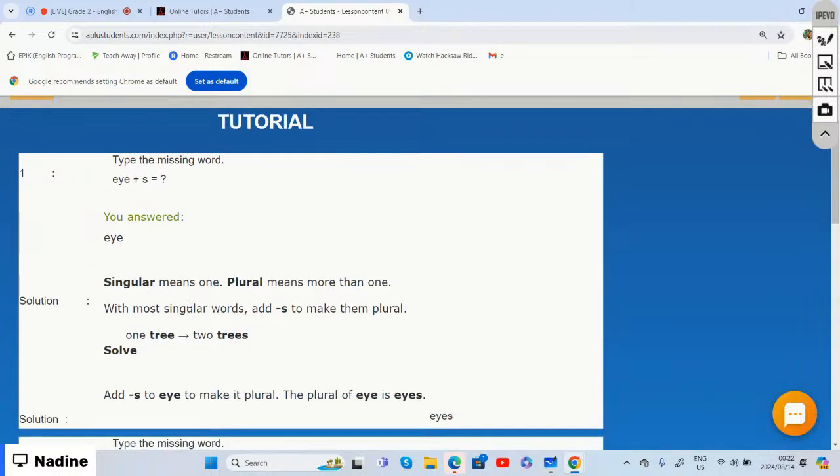So we said singular means one. We said plural means more than one. And we said with most singular words, we just add S to make them plural. We made mention of one tree, more than one tree, one bed, more than one bed, or beds.